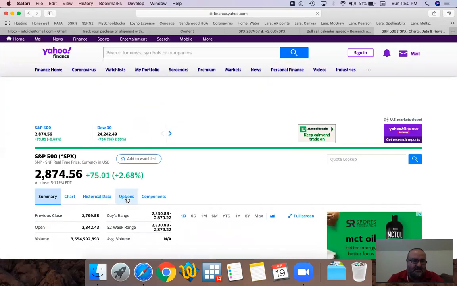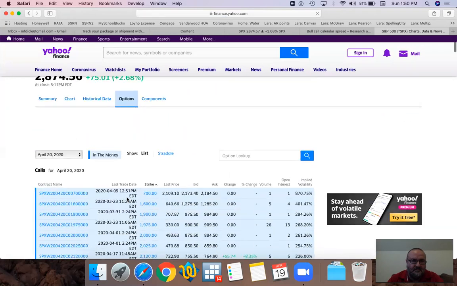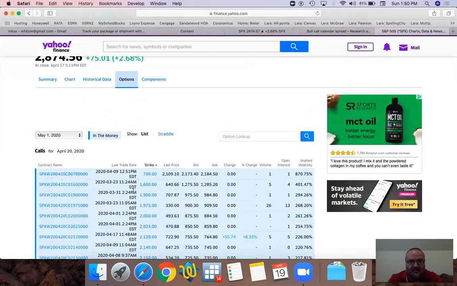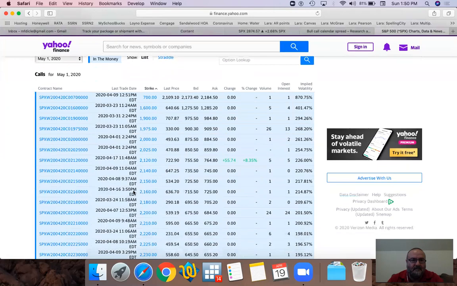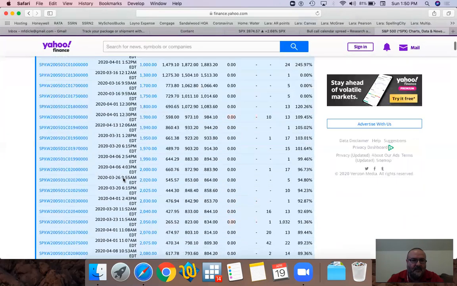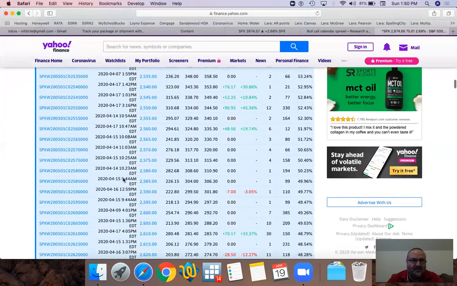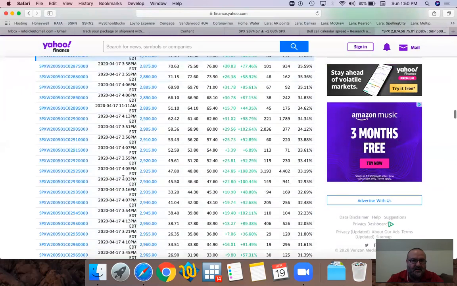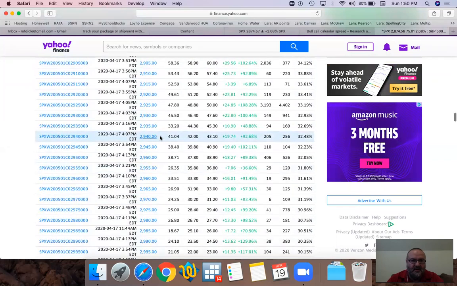So let's look at options, and we are looking for May 1st. All right, and this is a call option. 29.40 right there. So 29.40, last price is 41, bid is 42, and the ask is 43.10.